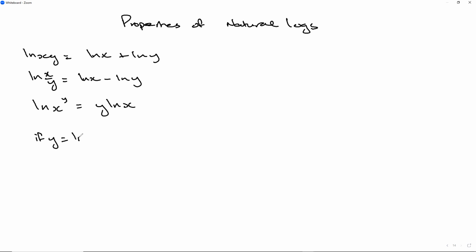If y equals ln x, the derivative is equal to 1 over x. And the next property is that if you find the ln of x and x is less than 0, then it will be undefined.